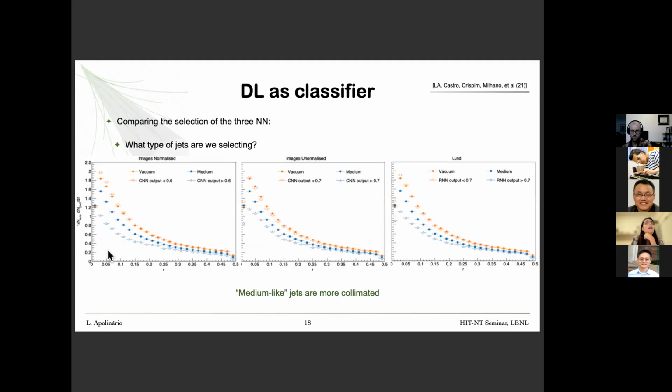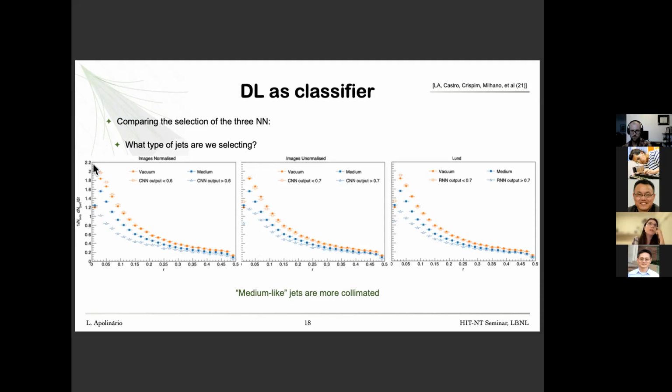And finally, we also looked at the jet radial profile, and we see that in JEWEL, the kind of jets that we are selecting have indeed a profile that is somehow more flat.